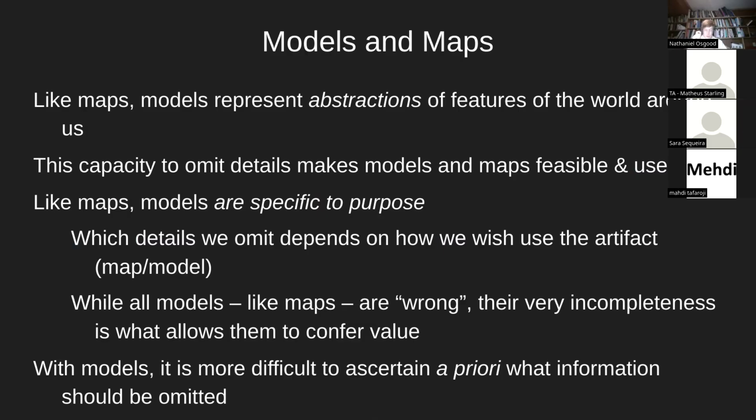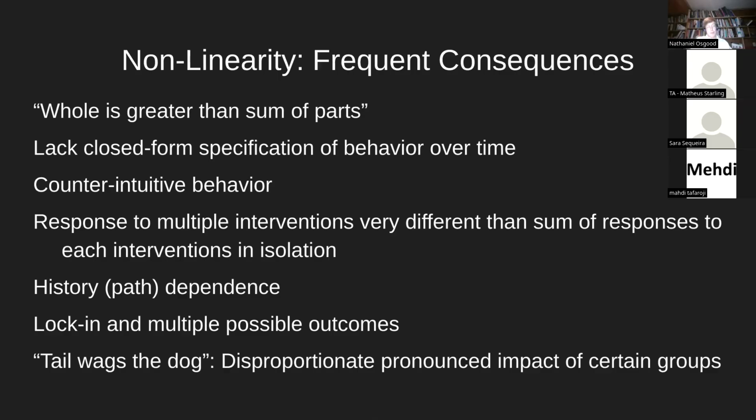And indeed, I would sharpen that by saying their very incompleteness is often a key factor that allows them to confer value. With this all being said, often because of the emergent behavior of models, the nonlinearity of them, for example, it's difficult to ascertain a priori what information should be omitted from those models.